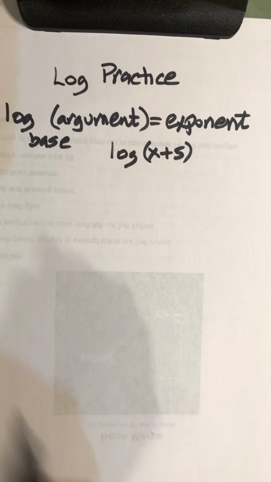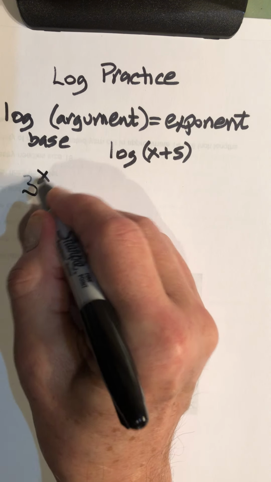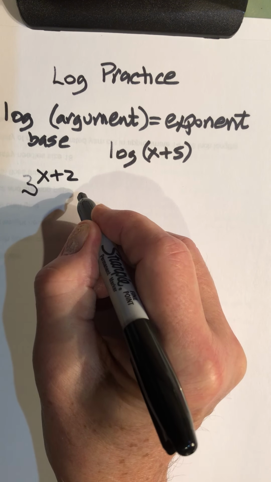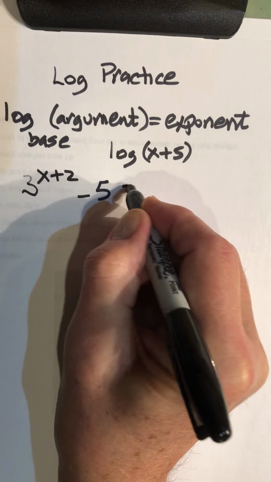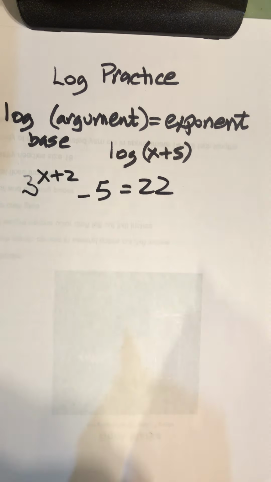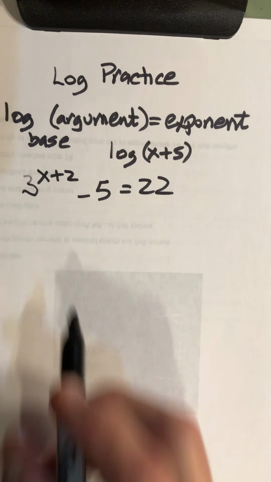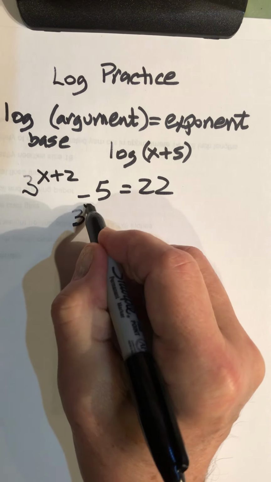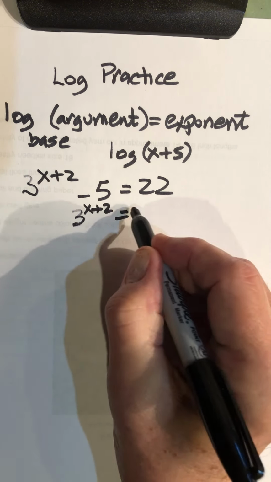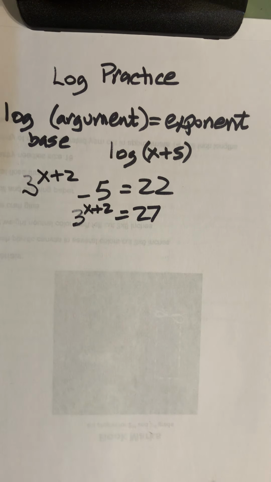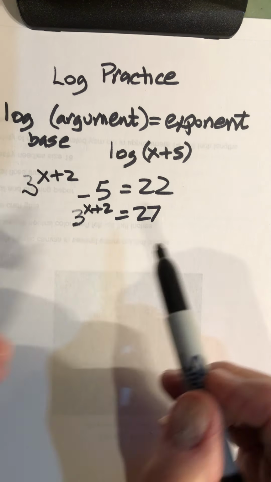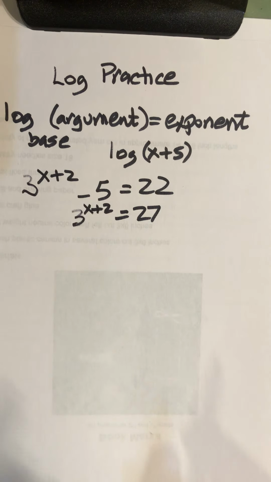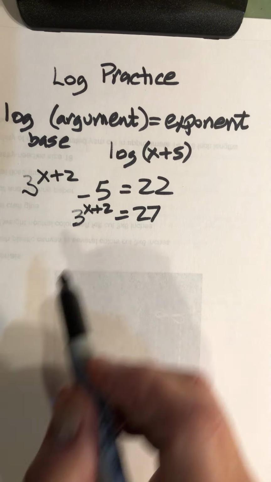3 raised to the x plus 2, minus 5 equals 22. All right, how would I do this? Well, first off, I'd add the 5 to both sides. So I've got 3 to the x plus 2 equals 27. Now it's great if I can get both sides of the equation to the same base.